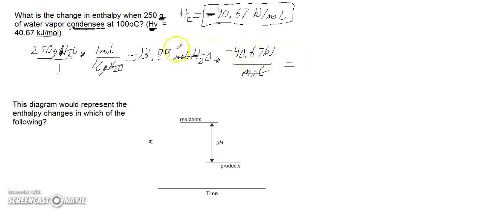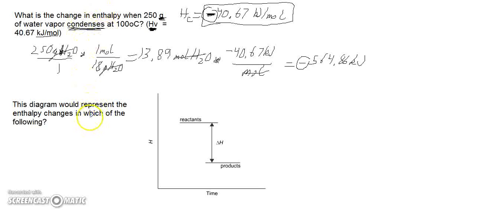And we just multiply across: 13.89 times negative 40.67 equals negative 564.86 kilojoules. All right, and the important thing is a lot of people got the right number, like I said, but they did not flip the sign here, because this is the enthalpy of vaporization, HV, and we're going the opposite way, we're condensing.